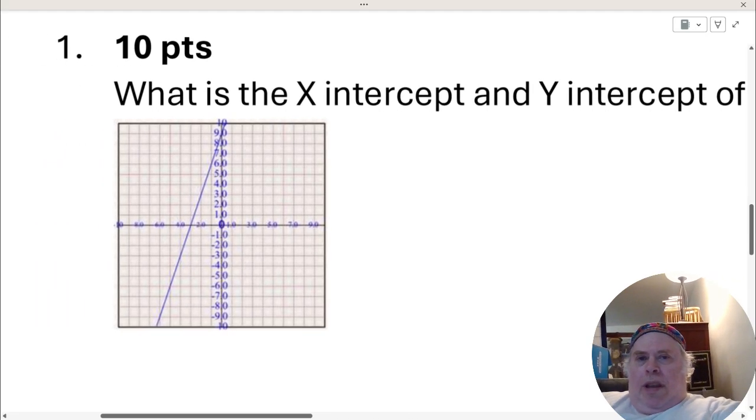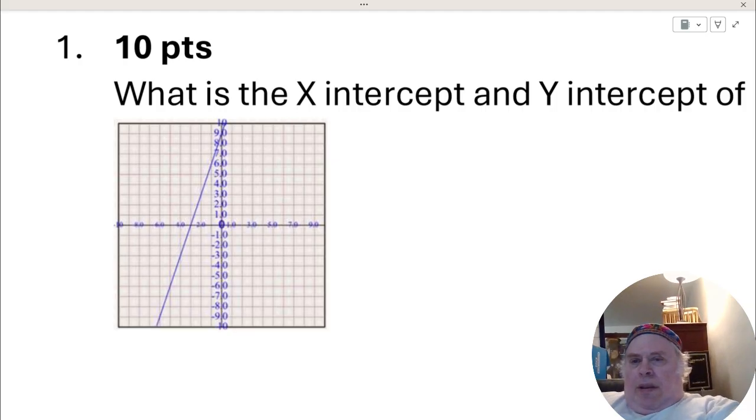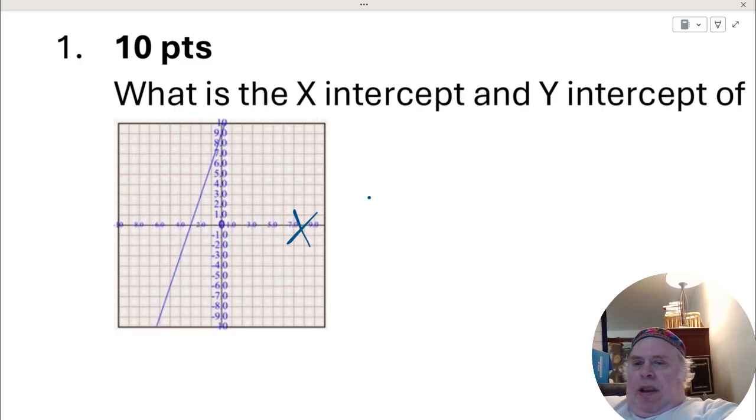First I'll do the x-intercept. That's where it hits the x-axis. There's the x-axis, and I see that it's over here, halfway between -2 and -4.